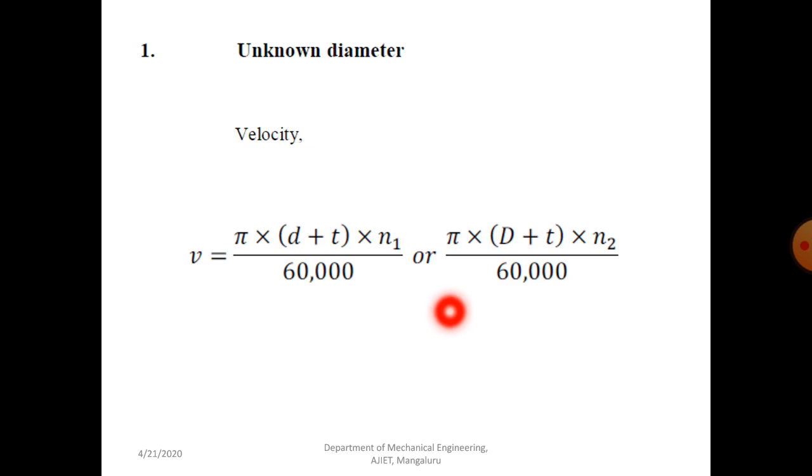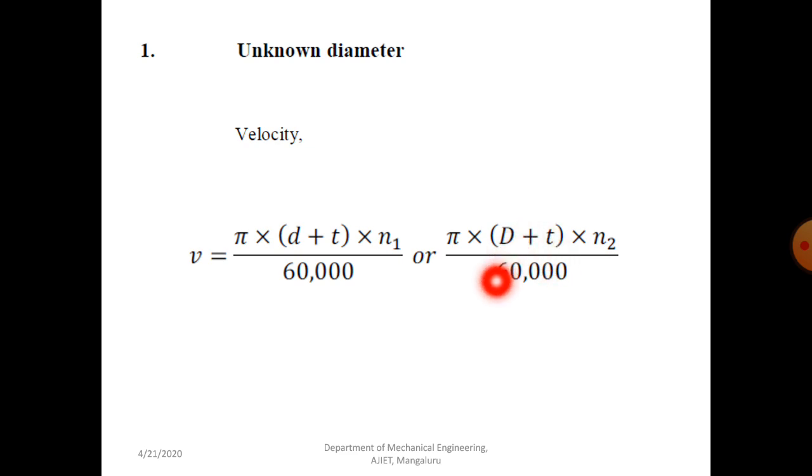The ratio is given with respect to the diameter of the smaller pulley to the thickness. So you cannot substitute that here, because then there would be two unknowns, capital letter D as well as small letter d.